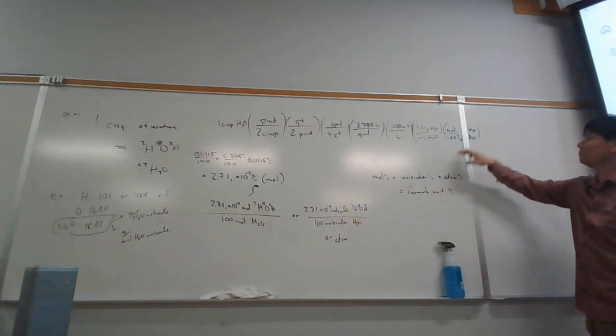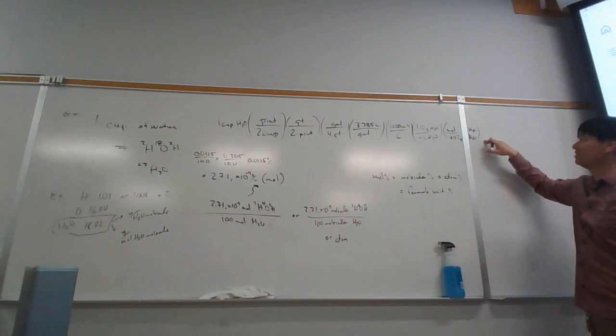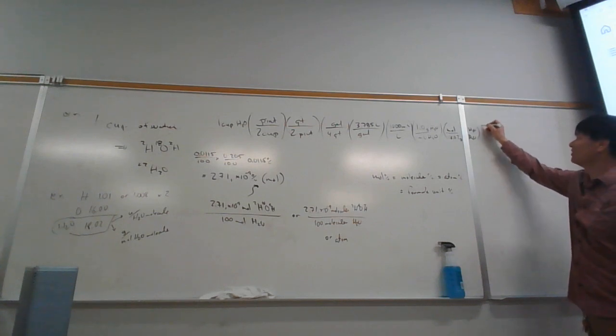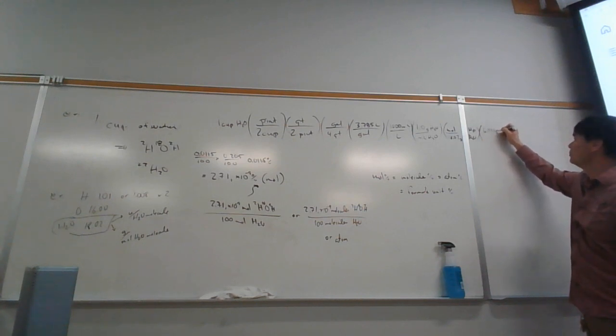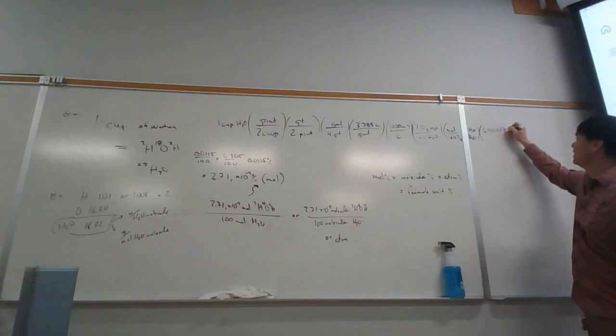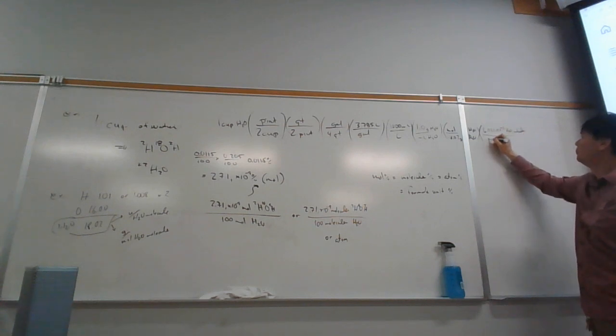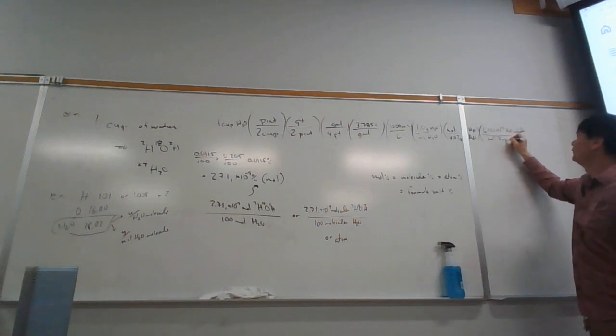We can go ahead and use the mole percent here, but we're not. What we're going to do is convert this using Avogadro's number to molecules. And so 6.022 times 10 to the 23rd H2O molecules per mole of H2O molecules.